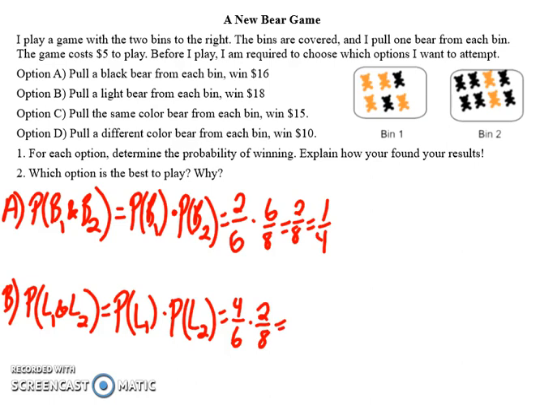And if I simplify that down, I would have that this would be 8/48, which would then simplify, can divide them both by 8, and this would be 1/6. So I've got a 1/6 chance of pulling two light bears.